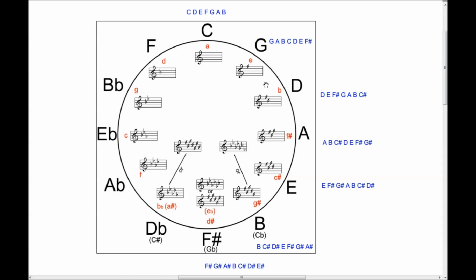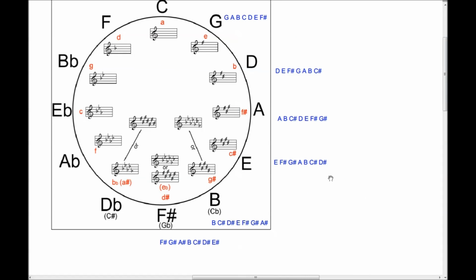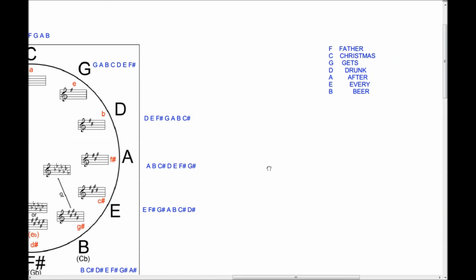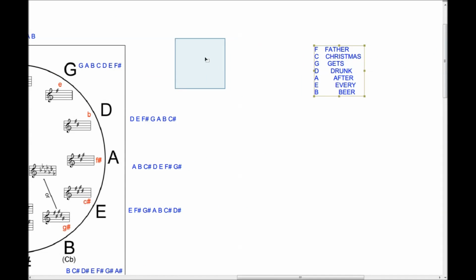You can see here that the F sharp comes first, and then we're adding the C sharp, and then we're adding the G sharp, and then we're adding the D sharp. So I've written out the acronym to remember that over here.